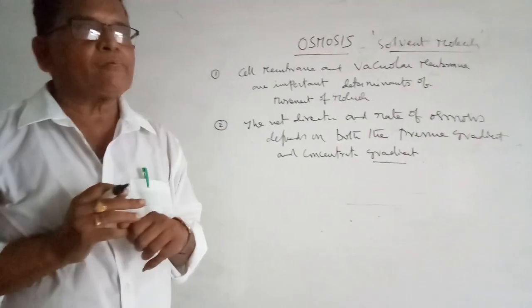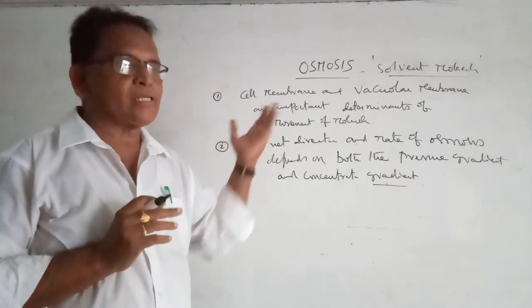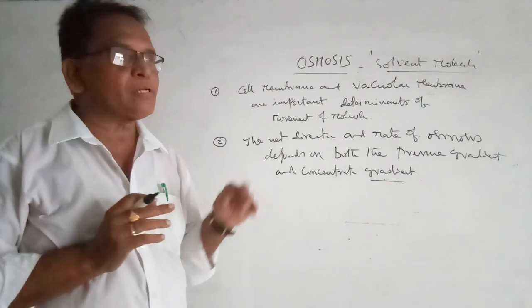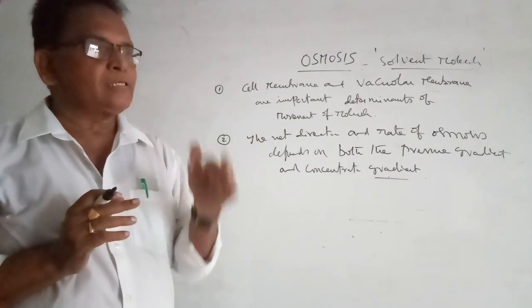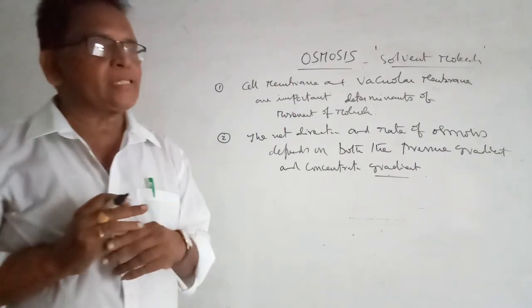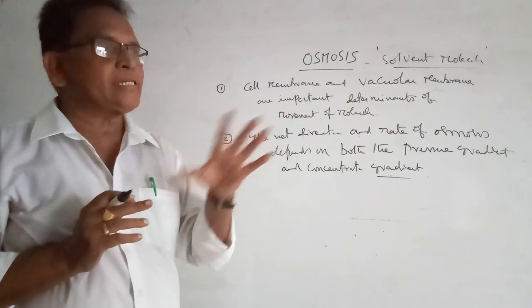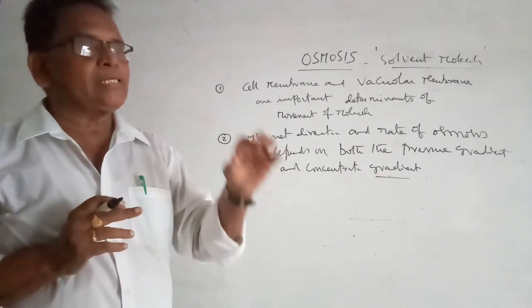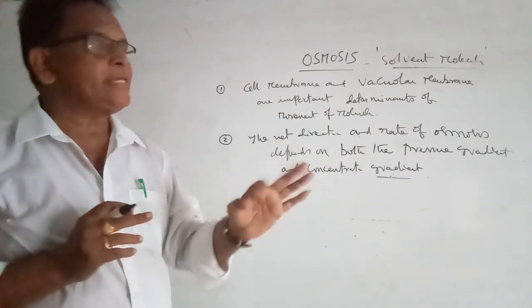The movement of solvent. What is the solvent? Solvent here is water. So it is the movement of water molecules from the region of higher concentration to the region of lower concentration, when they are separated by a differentially permeable membrane.